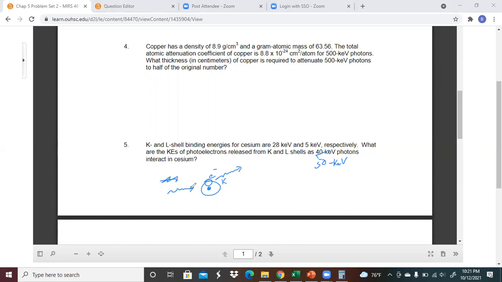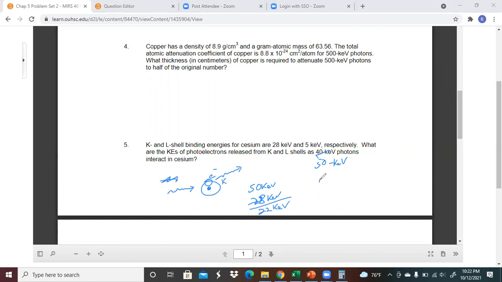Well, this guy coming in had 50 keV. He had to give a little bit here in order for this electron to be released from the shell. As a matter of fact, he had to give it 28 keV. Difference means that the photoelectron here is running off 22 keV.